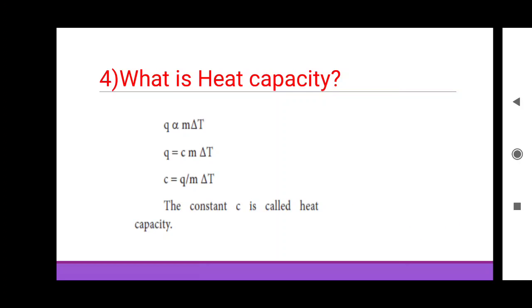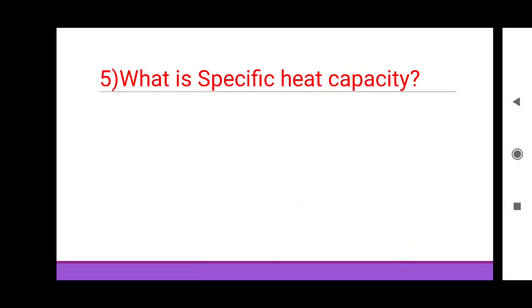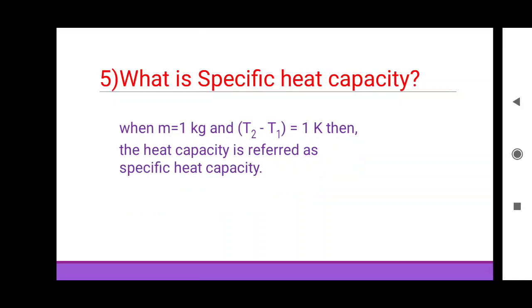So next question. What is specific heat capacity? Just now we have seen heat capacity. Now we are going to see specific heat capacity. The same formula we have to take.